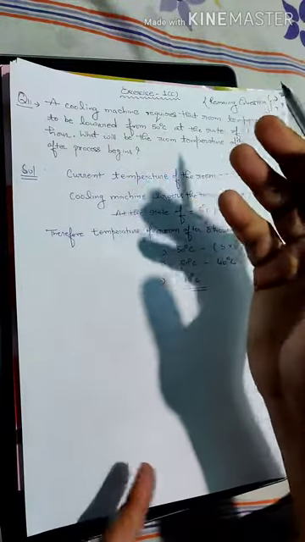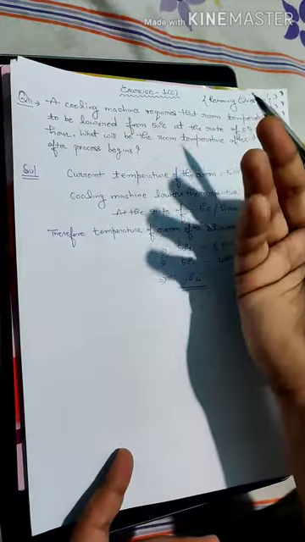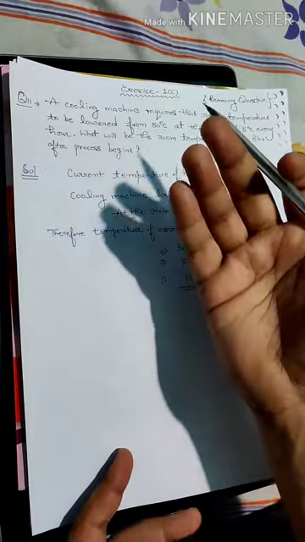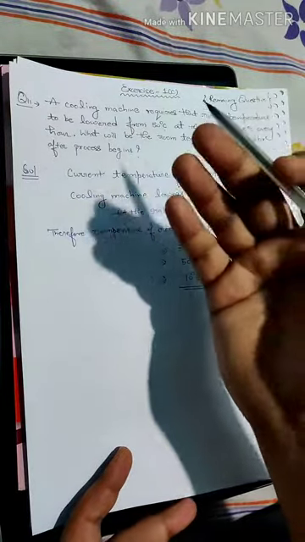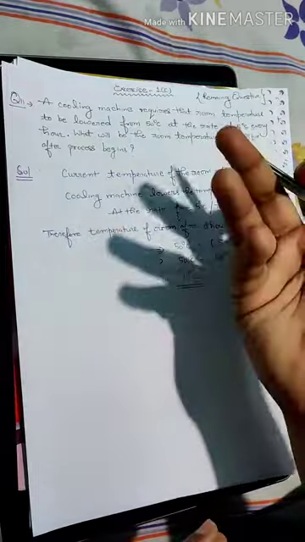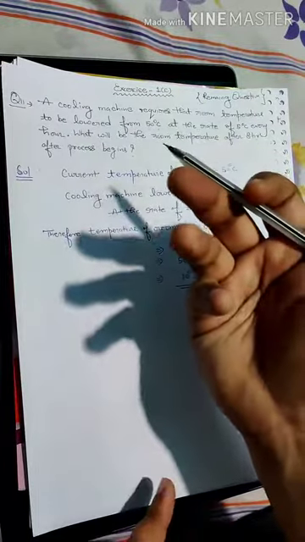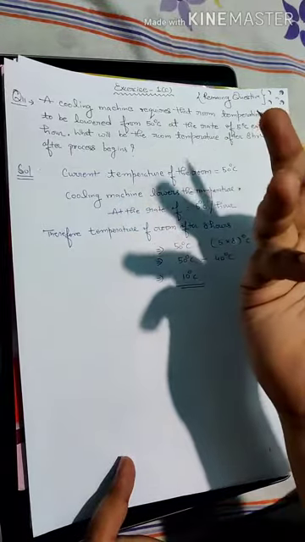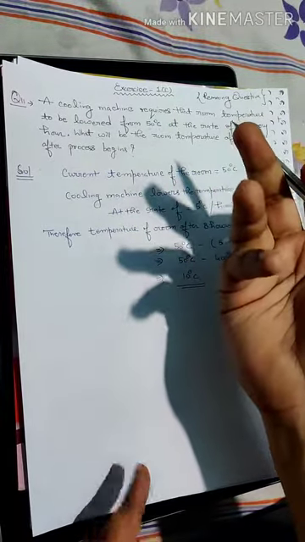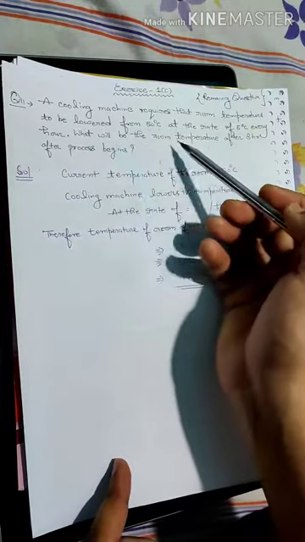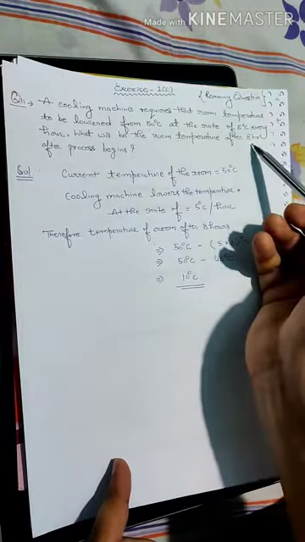So if the cooling machine starts, after 1 hour the room temperature is 50 minus 5, which is 45, and after 2 hours again 5 degree centigrade less, so after 2 hours it's about 40 degree centigrade. So the question says, what will be the room temperature after 8 hours.